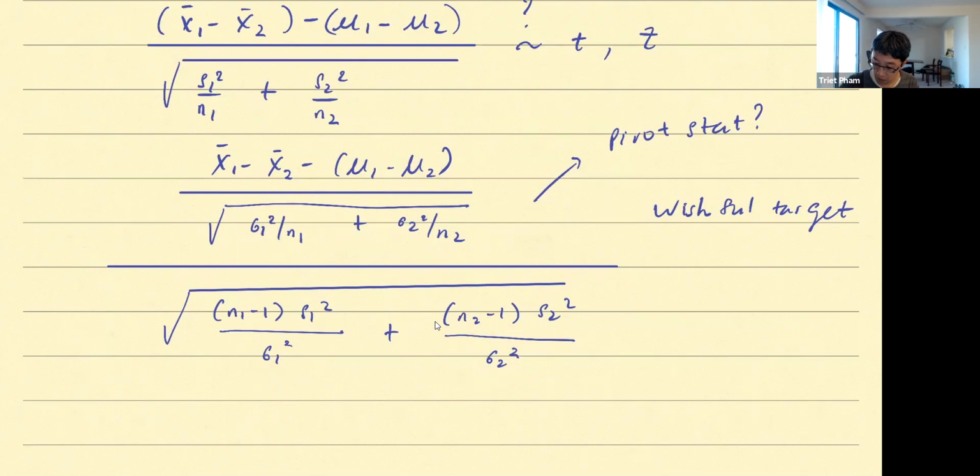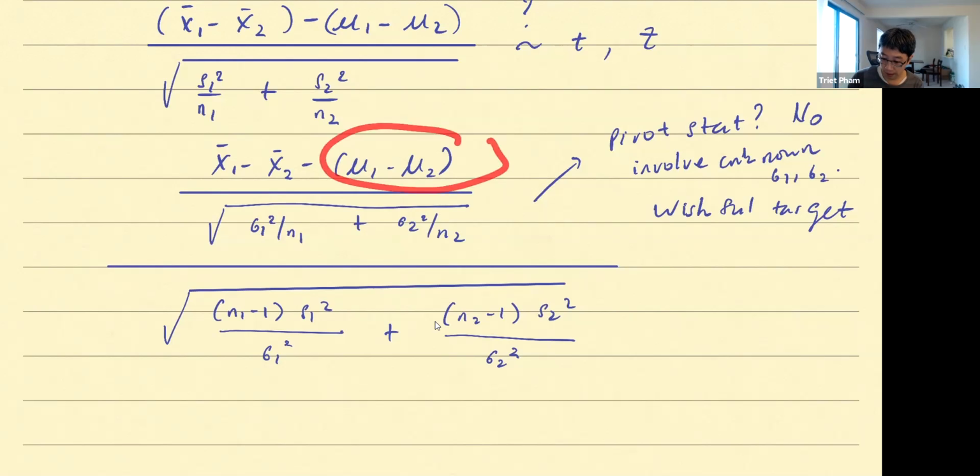So the answer is no, because it involves unknown sigma 1, sigma 2. A little bit subtle, but get this point. Mu1, mu2 are fine because that's what we want. The unknown parts are sigma 1, sigma 2, which is not fine. Normalized is fine because I did normalize it. Any question here?